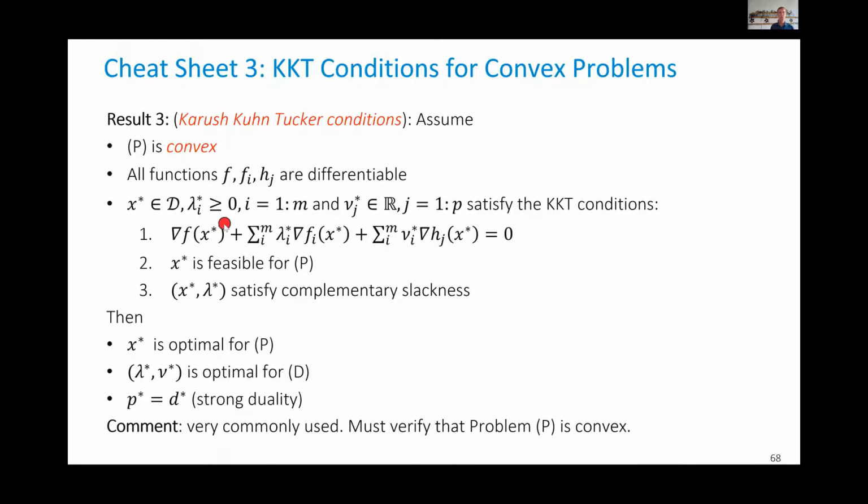Then the conditions are like before. I look for a point x and multipliers lambda and nu such that x is feasible, such that the complementary slackness conditions are true, and then such that these conditions here, which are the true Karush-Kuhn-Tucker conditions, are true.